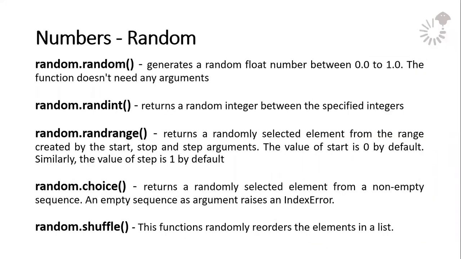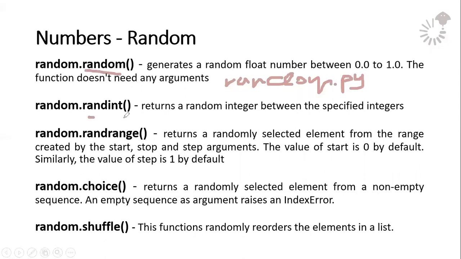Next, we also have random. Aside from arithmetic operations, we also use numbers in randomizing, or we produce random numbers in our programs. Like the math module, math.py, random also has a module called random.py. What are its functions?